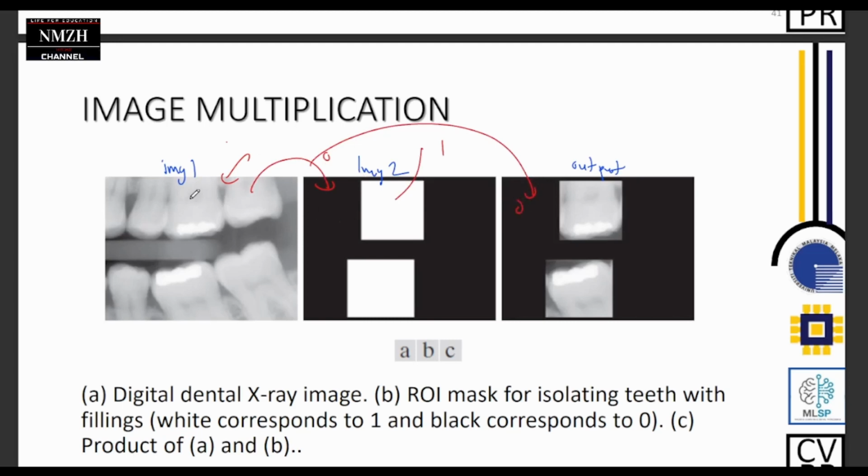Say this is 0.5 times 1, there will be 0.5, right? So that's the reason why the teeth portion or teeth location in the mouth will remain on the output side of the image. So that would be the impact of multiplication: cancelling everything below 1 and keeping everything equal to 1.